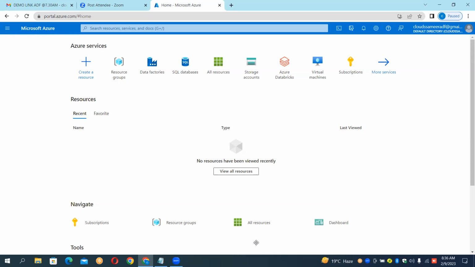One of my relatives gave me an introduction about Azure Data Factory and Durga Software, so I came here to take the demo class. Is there any prerequisite to learn this course?